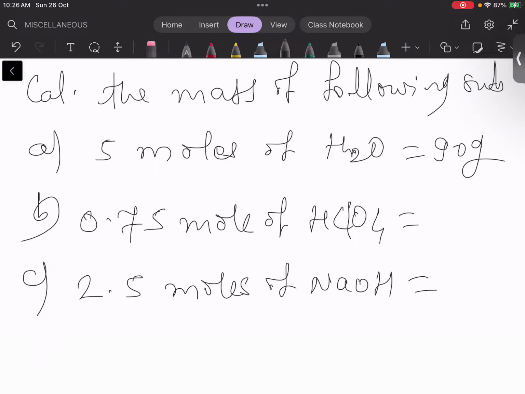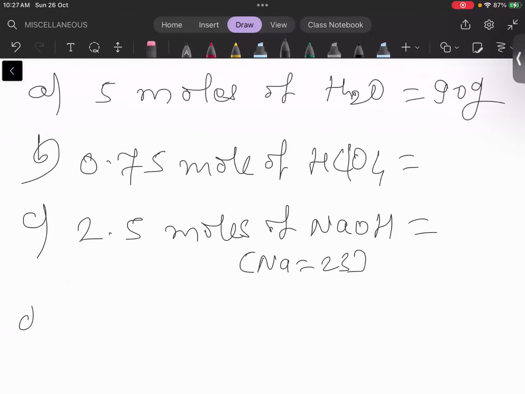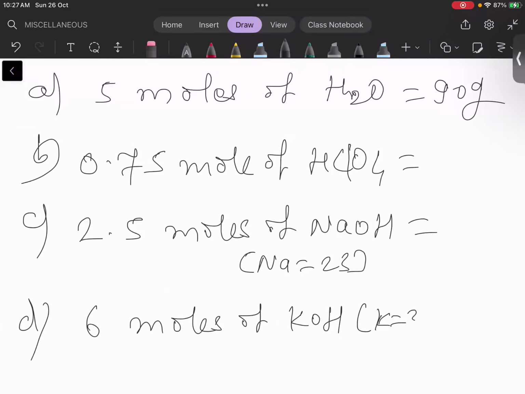Na is 23. Na atomic number is 23. Six moles of KOH. K is 39.